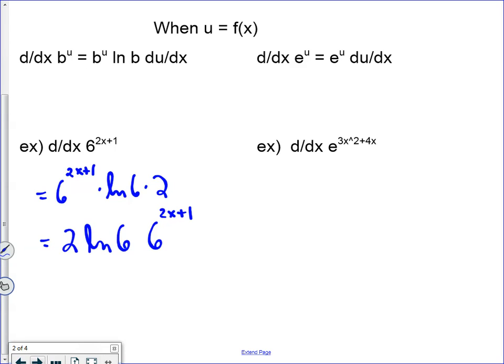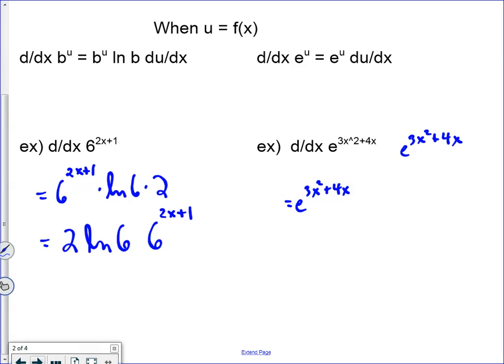I couldn't type the exponent as an exponent, so I used a caret. This is e to the 3x squared plus 4x. If I'm taking the derivative of that, it will be e to the 3x squared plus 4x. No need to write ln of e.